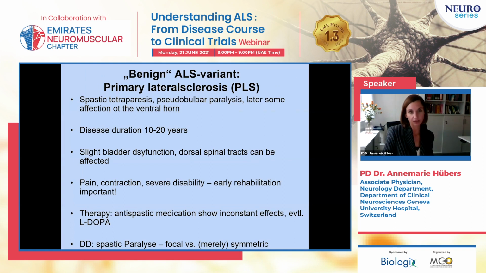You can try in PLS patients to have a try with L-DOPA. They might show slight bladder dysfunction, and also the dorsal spinal tracts can be affected, which makes it sometimes difficult to diagnose this disease correctly as a motor neuron disease.